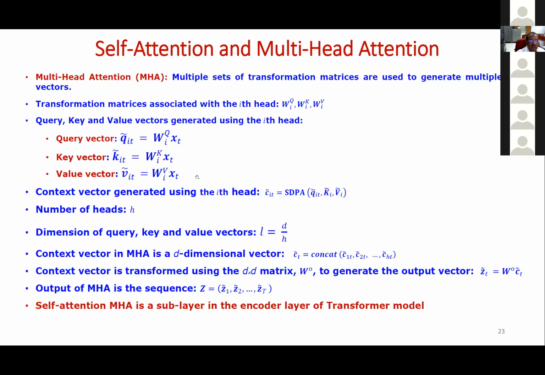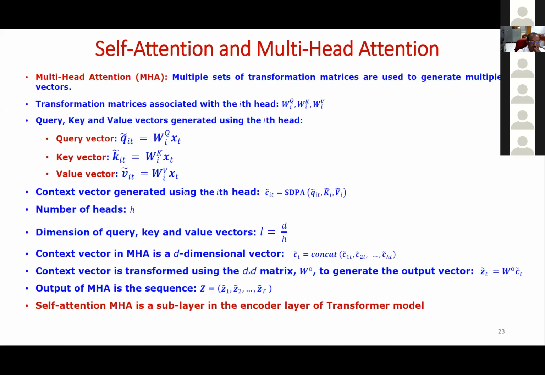So depending on the number of heads that you use, L will be accordingly related to D and H. Typically, if I use a 2048 dimensional vector to represent a word, and if I use 4 heads, then we are talking about a 512 dimensional representation of these query vectors.